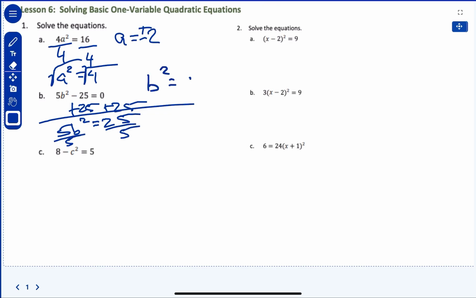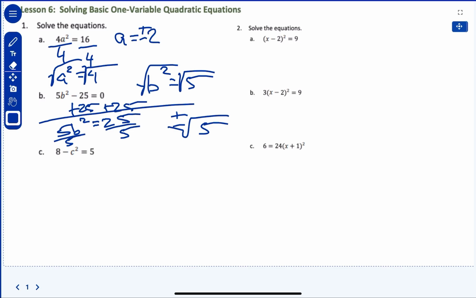B squared equals 5. Now what? What's the square root of 5? Plus or minus the square root of 5. Okay? Am I good with that?